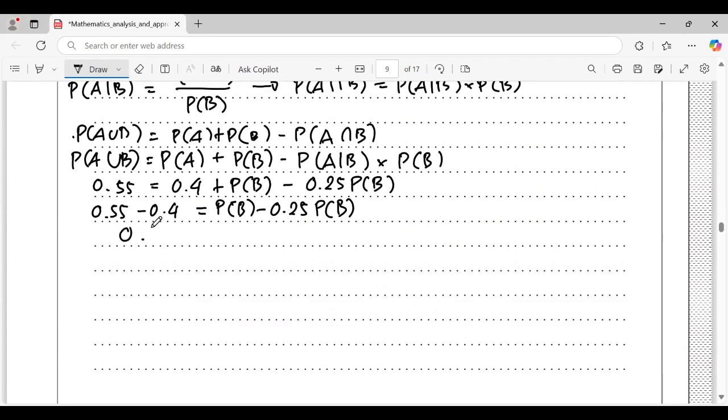So this is 0.15, this is 0.75 probability B.